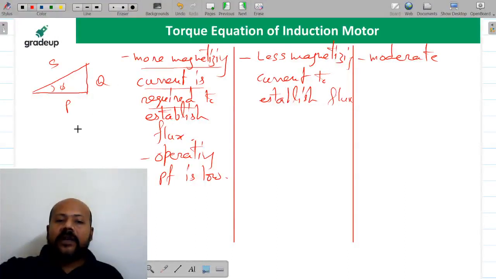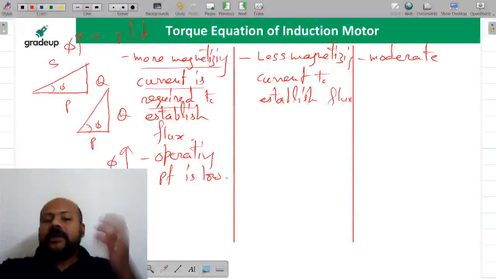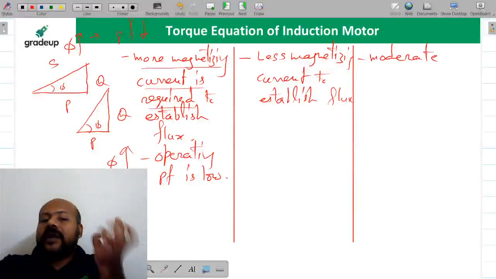Now if the reactive power is more and real power is less, the situation is something like this. This is P and this is Q. So this is going to be phi angle. So if phi angle is increasing, then you can say power factor is going to be reduced. If you are increasing the component of the reactive power, magnetizing current is required means more reactive power is required to establish the flux.